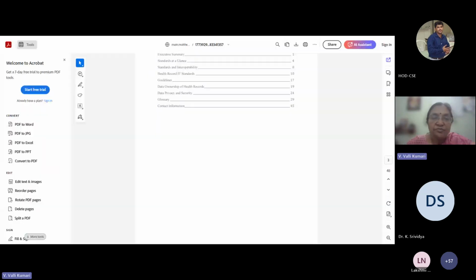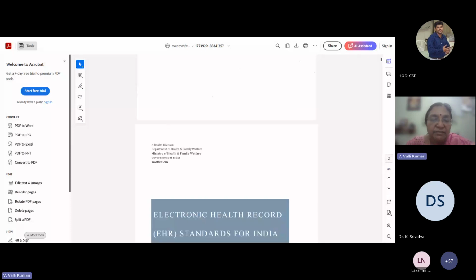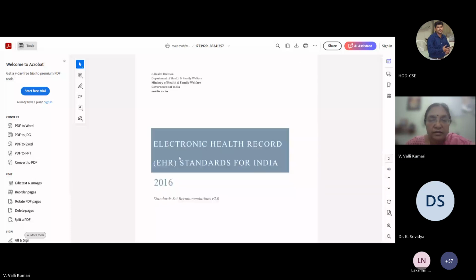So here we have from the Ministry of Health and Family Welfare. The standards are all mentioned here.